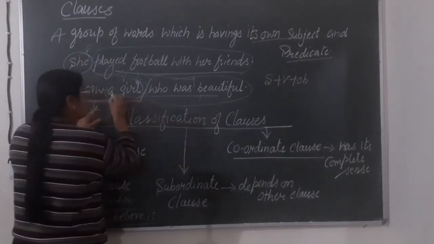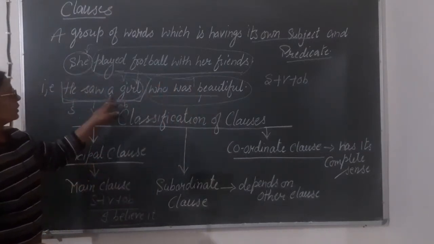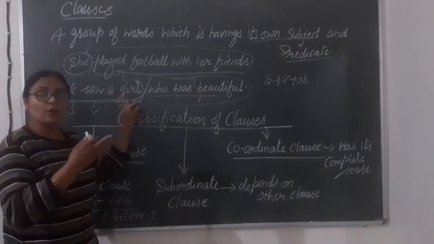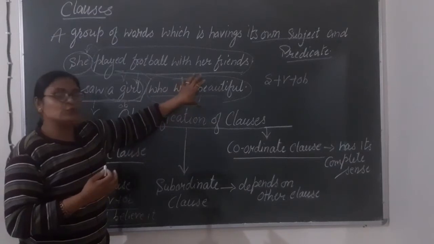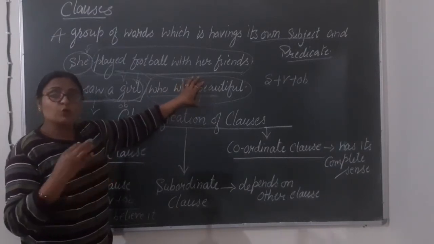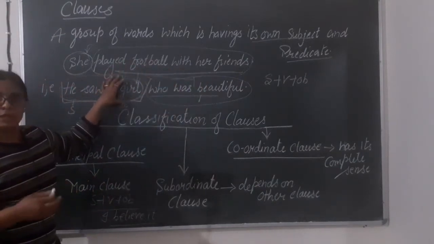It means the girl was beautiful. So in this way it gives complete sense when it is connected with the main clause. That's why this part is known as a subordinate clause, because it gets help to make its sense complete from the first part, that is our main clause.